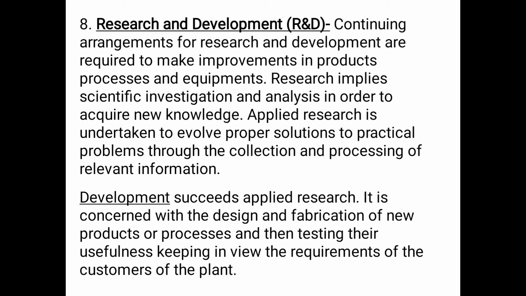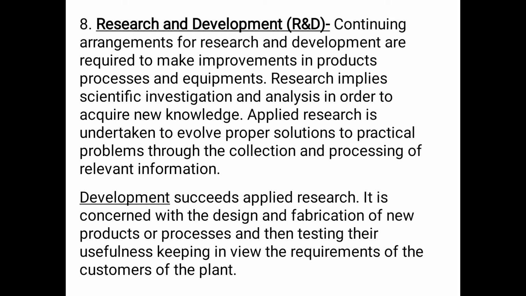So for this purpose, the research and development function plays a very important role. Research implies scientific investigation and analysis in order to acquire new knowledge. Applied research is undertaken to evolve proper solutions to practical problems through the collection and processing of relevant information.